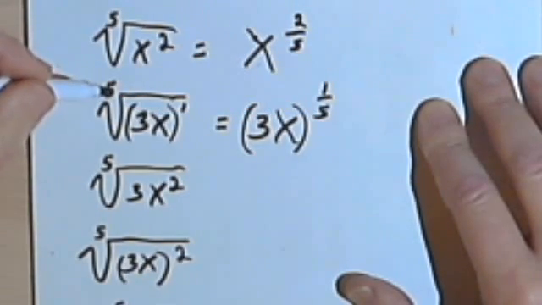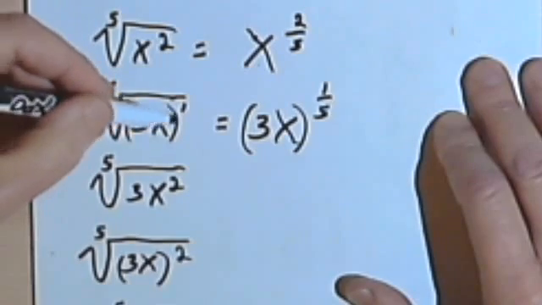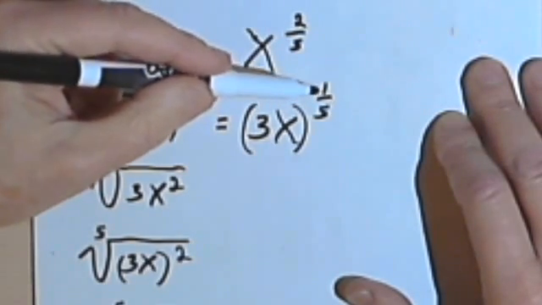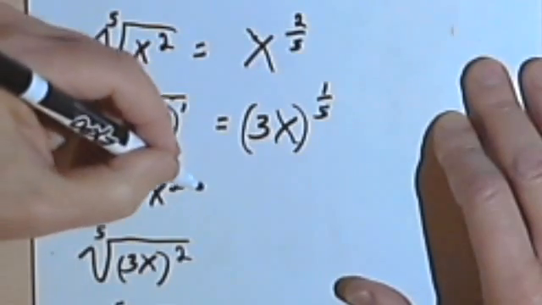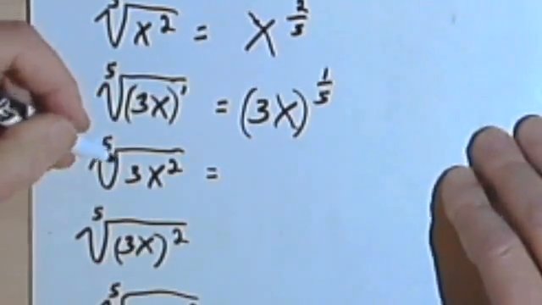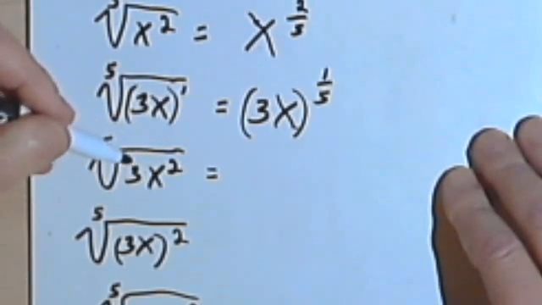I've taken the index as the denominator for the exponent. I've taken the 1, which is what 3x is raised to, and made that the numerator of the exponent. Okay, getting a little more complicated. Here I have the fifth root of 3x squared, and it's only the x which is squared.